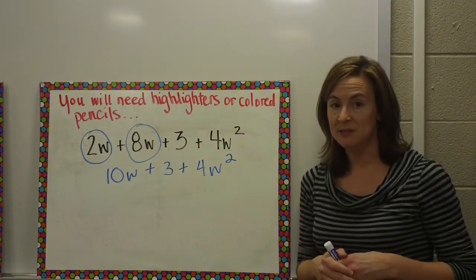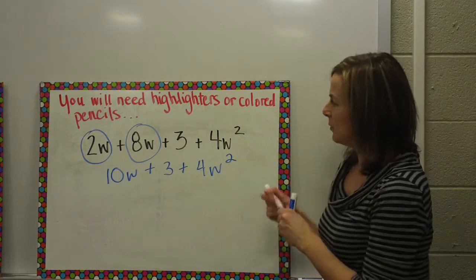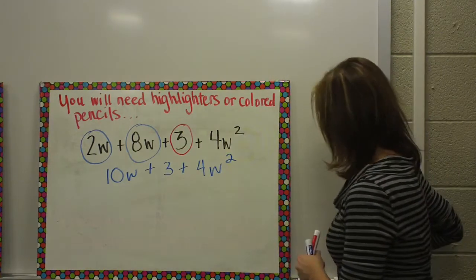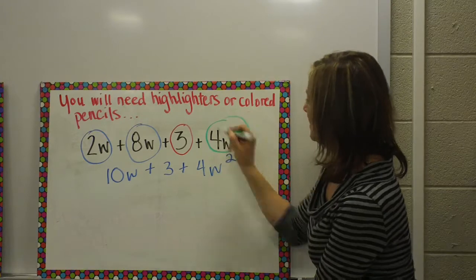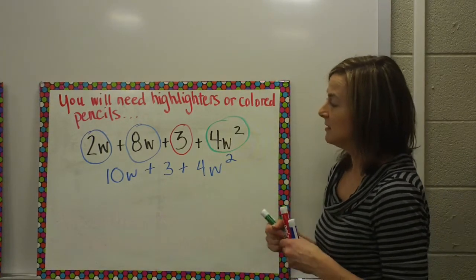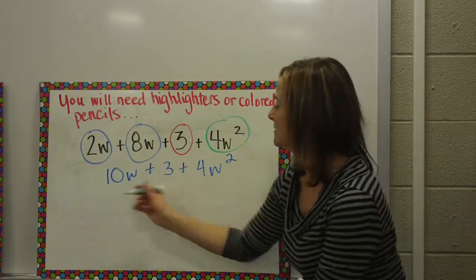The next step tells me to arrange in order. So first of all, I want to point out that I have a constant and I have a variable with an exponent. In my notes, it tells me to start with my variables with exponents.